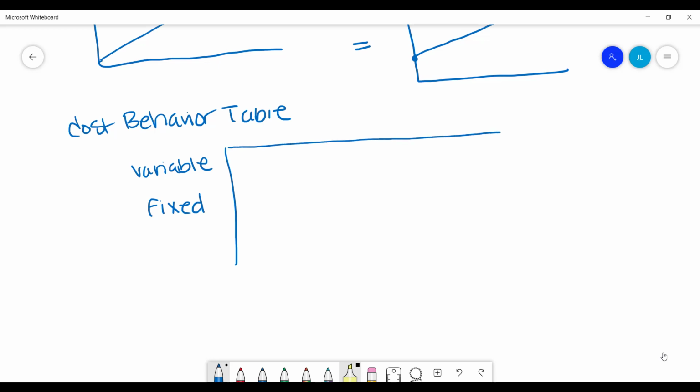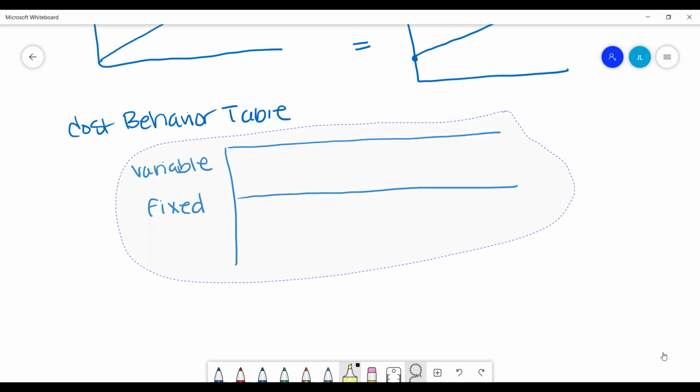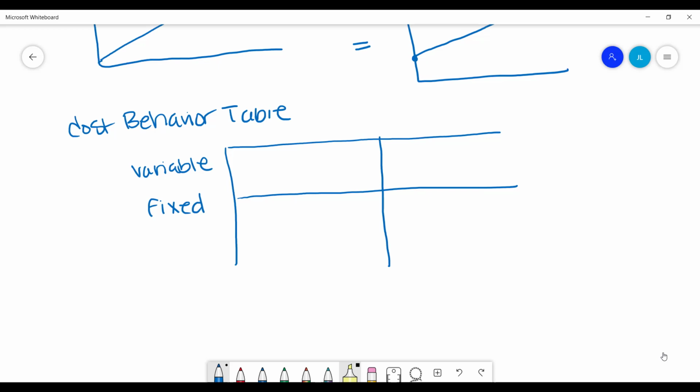It's a little bit more difficult when it's digital. So in this column, I'm going to look at in total, and here per unit.